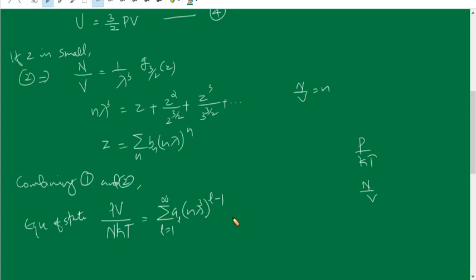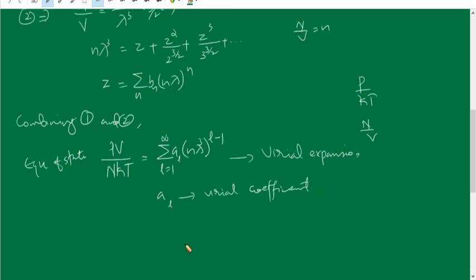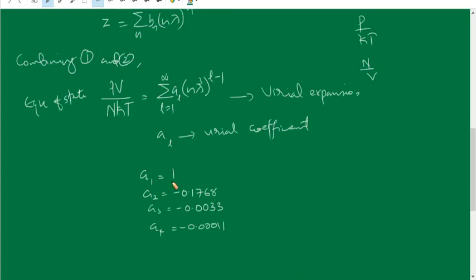This is similar to the virial expansion. The coefficients a_l are called virial coefficients. The coefficients are like this: a_1 is equal to 1, a_2 is this value.